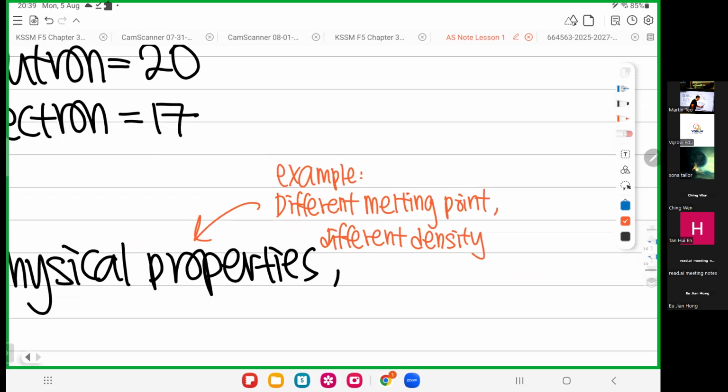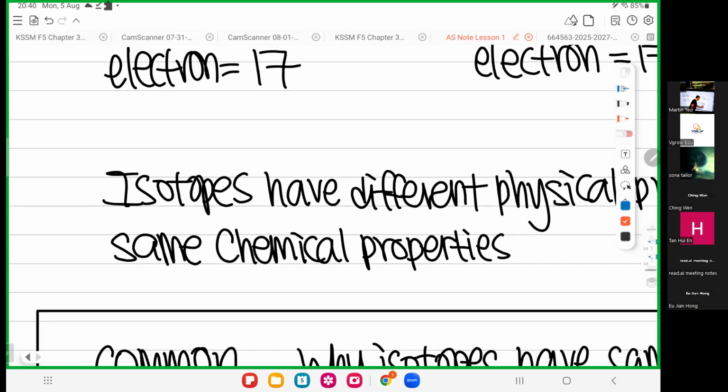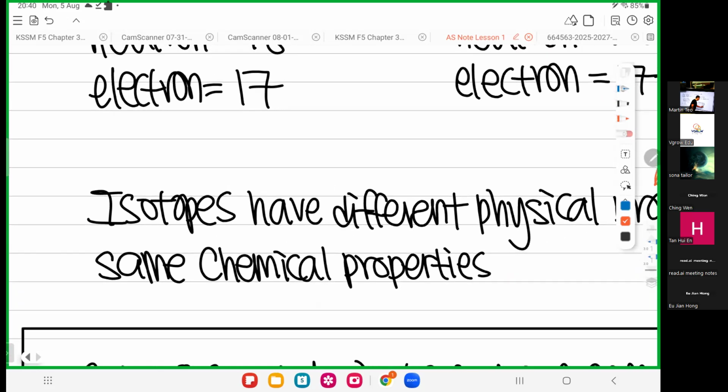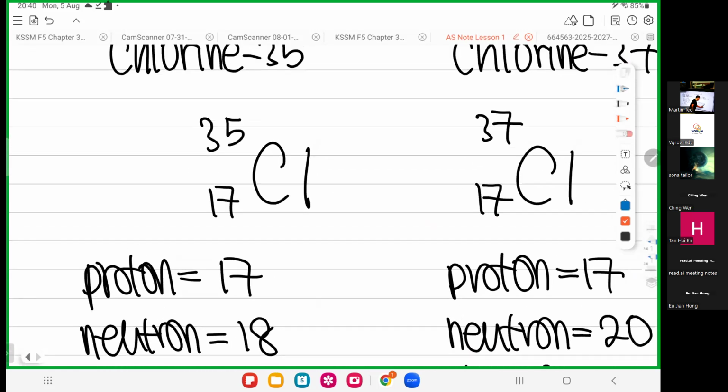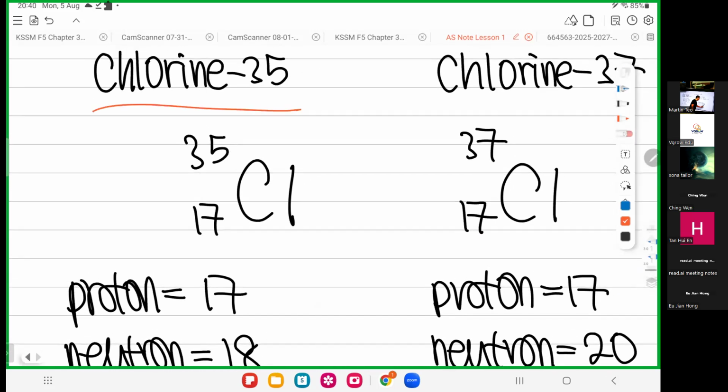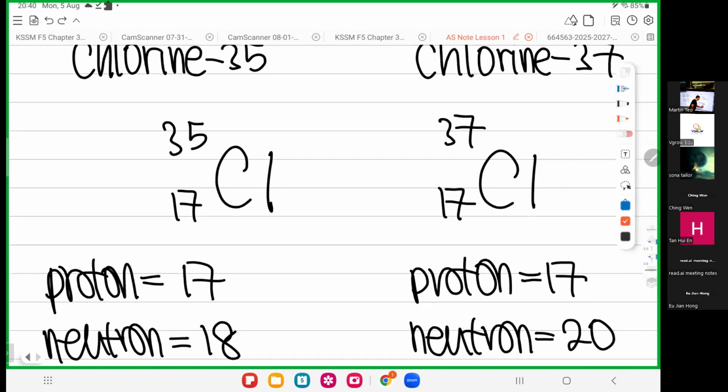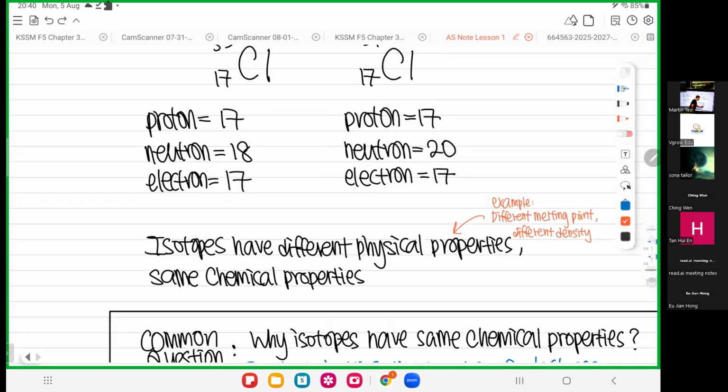Next one, they have the same chemical properties. Same chemical properties means what? They can undergo the same reaction. For example, if chlorine 35 can react with water, chlorine 37 can also react with water. If chlorine 35 can react with hydrogen, chlorine 37 can do the same thing as well. That is called same chemical properties.